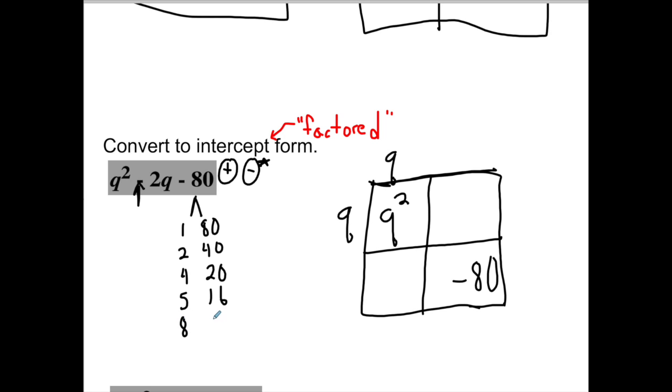It's 8 times 10. 9, nope, 9's 81. And then 10, and once you get back to one of the ones on the other side, you know you're done. So one of these combinations is correct.